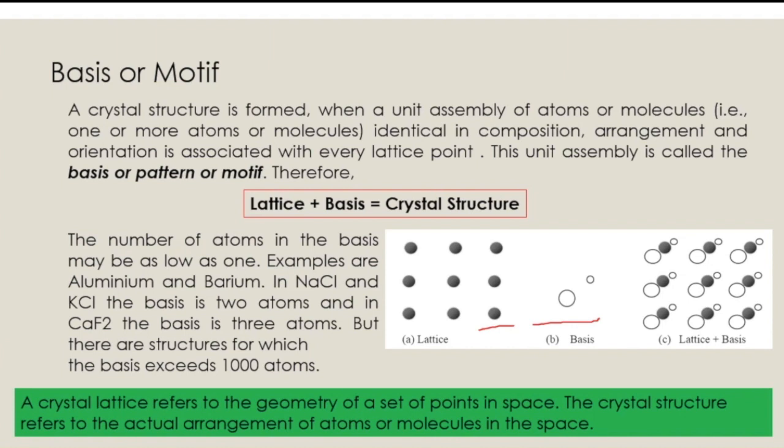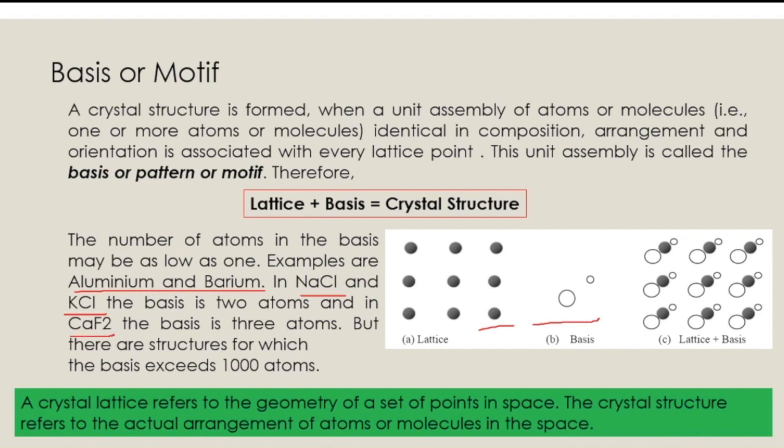The basis of a crystal can have a single atom or more than a single atom. For example, aluminium and barium have a single atom, while for NaCl and KCl the basis has 2 atoms, and for CaF2 it is 3, and so on. There can be more atoms.